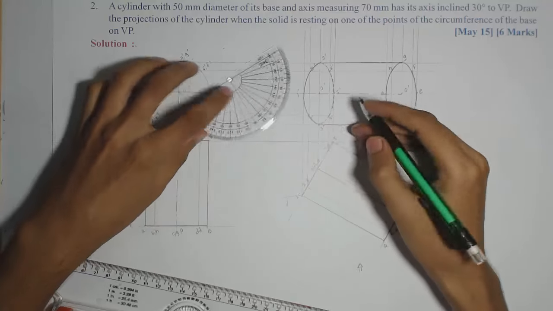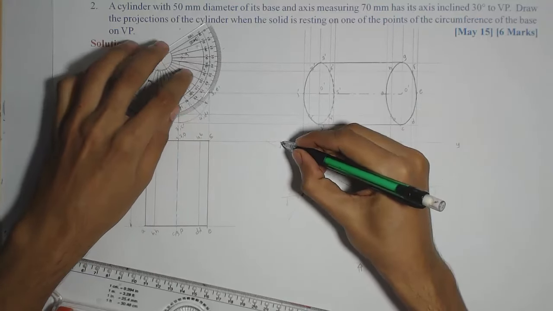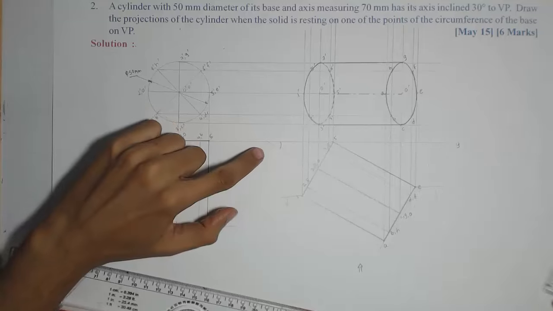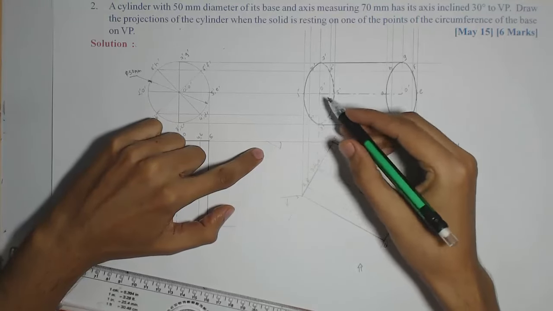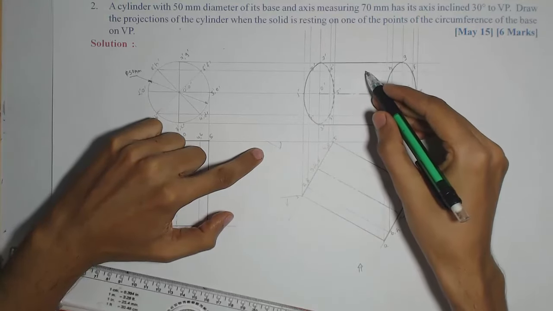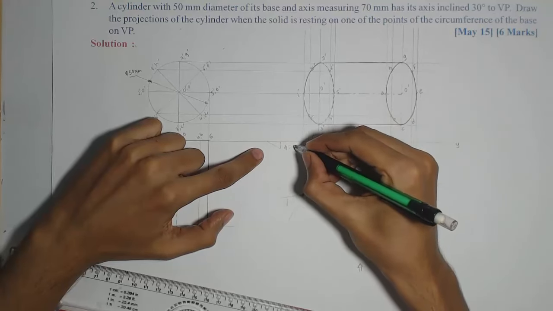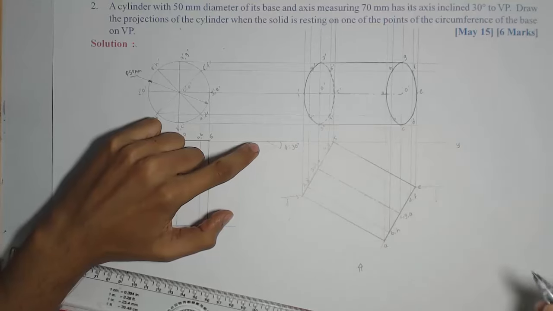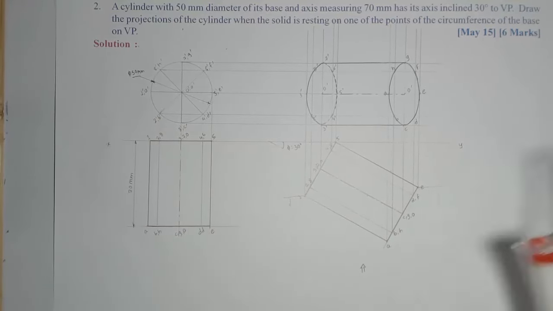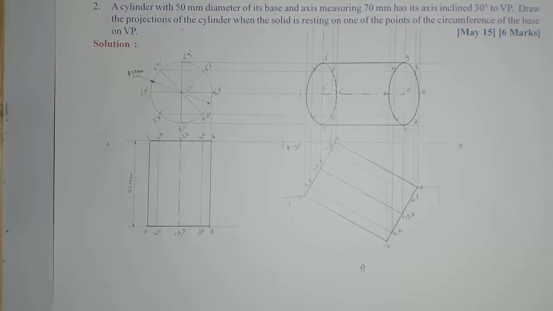So it is almost 30 degree. So I can show that angle, but here the rotation will be phi and not theta, because true inclination with the HP is denoted by theta, but here inclination is with the VP and notation for that is phi, which can be written as 30 degree. Okay, so this completes the solution for this cylinder.